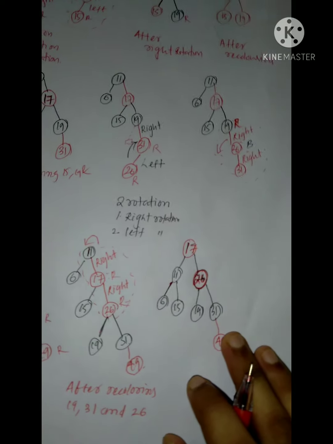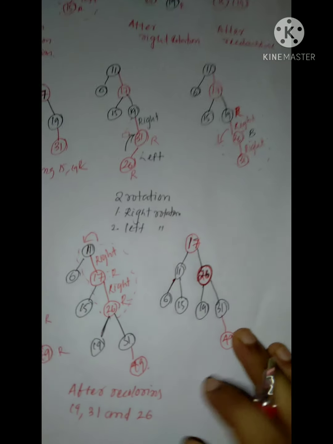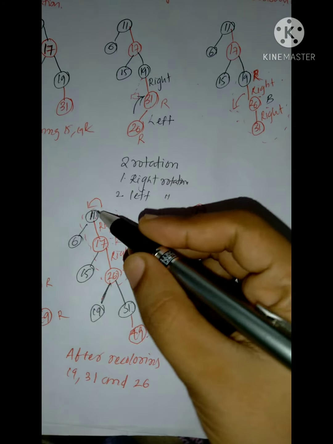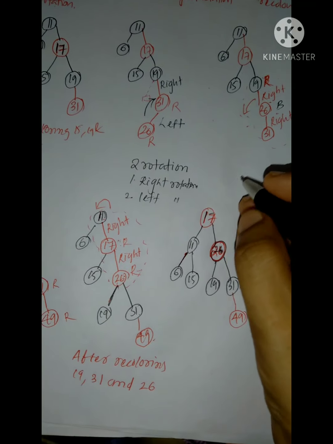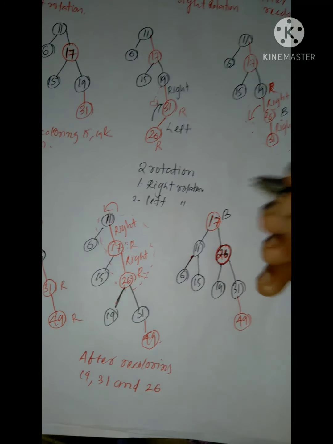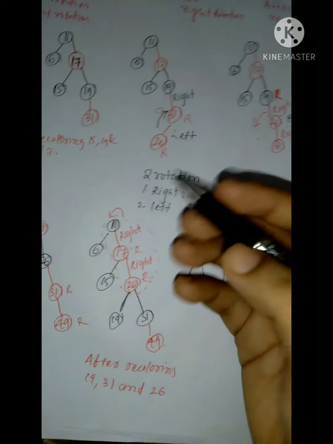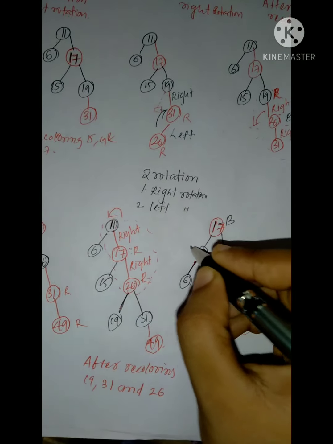Then we want to recolor it. How to recolor? This 17 and 11 will change. Here 17 is red, that will become black, and color of 11 is black, here it will become red.